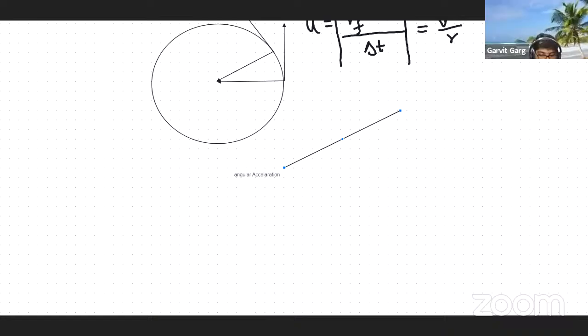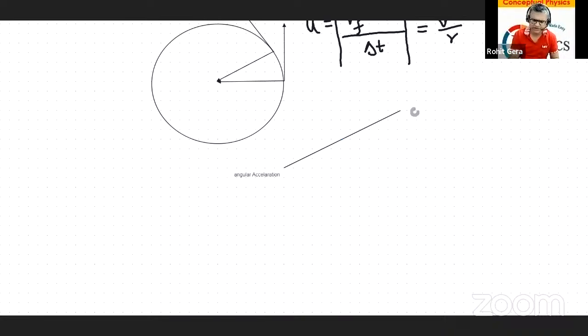Now assume a situation where your omega keeps on changing. Which means the body rotates, but the rate at which it rotates keeps on changing. So omega, for example, is increasing, right? So we're saying that omega increases as the time increases.